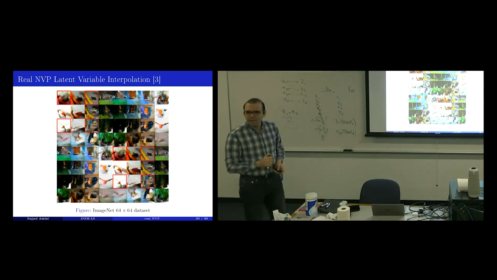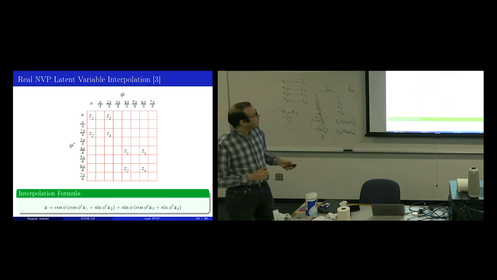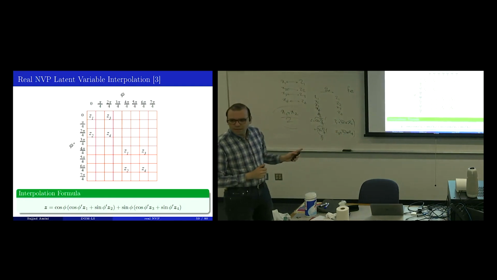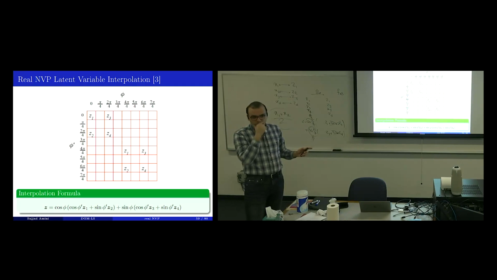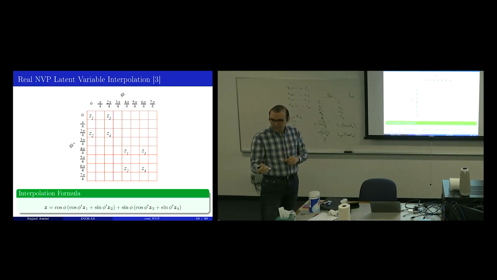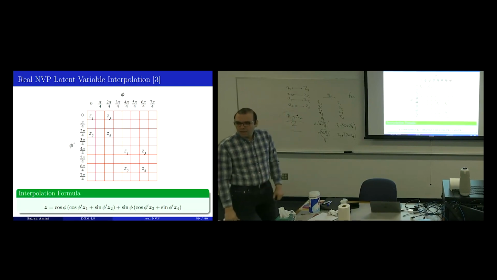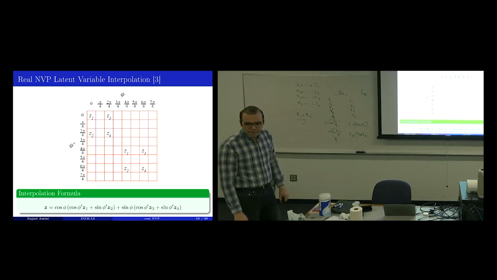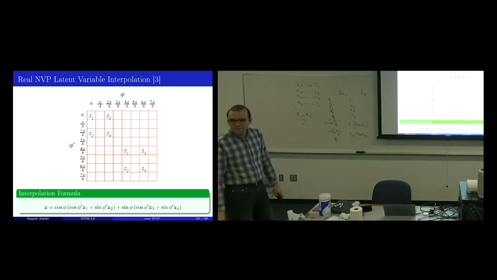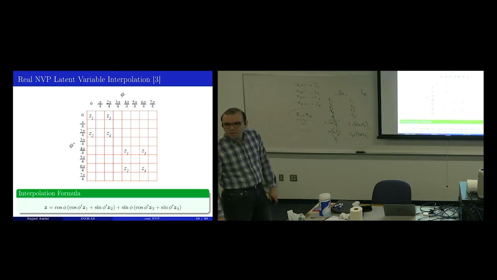Yes? Can you go back one slide? Why did they use that type of interpolation? Yeah, that's the idea of the authors, you know. Maybe linear interpolation is not working very well. Oh yeah, I was thinking like p times g1 plus 1 minus p times g2, right? That's a linear interpolation. Yeah. So, I mean, is this some kind of Fourier transform? Because I see cosine and sine. Yeah.